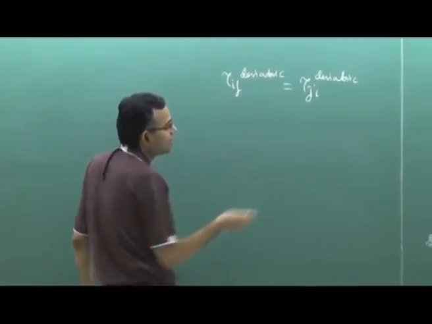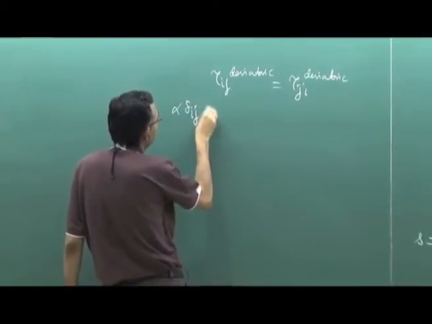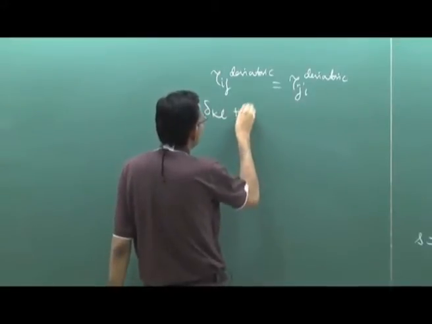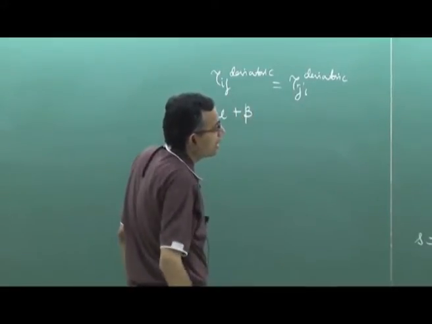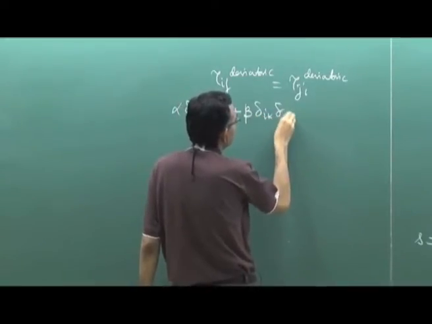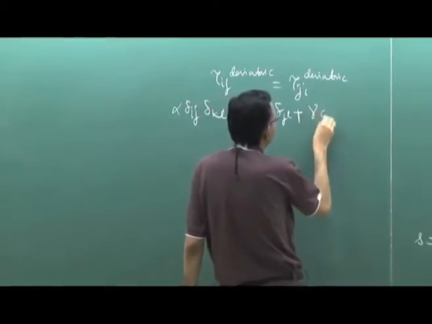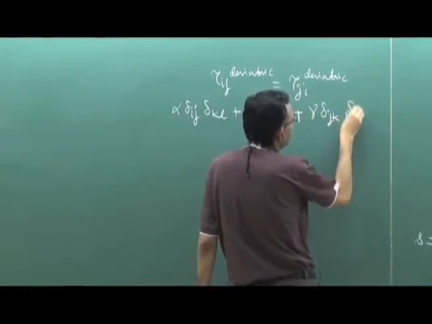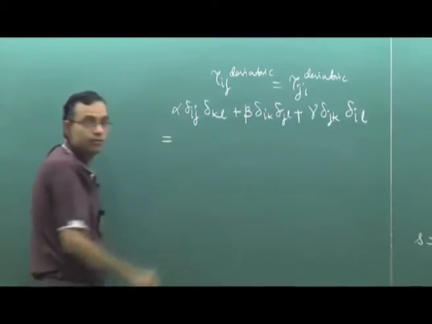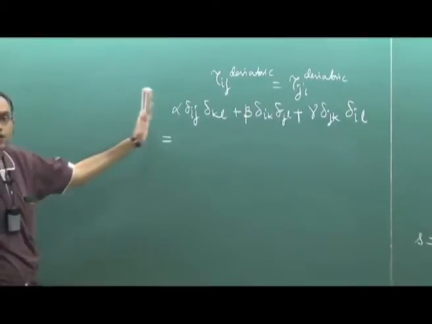So first we will write C_ijkl: alpha delta_ij delta_kl plus beta delta_ik delta_jl plus gamma delta_jk delta_il is equal to, now we swap i and j.